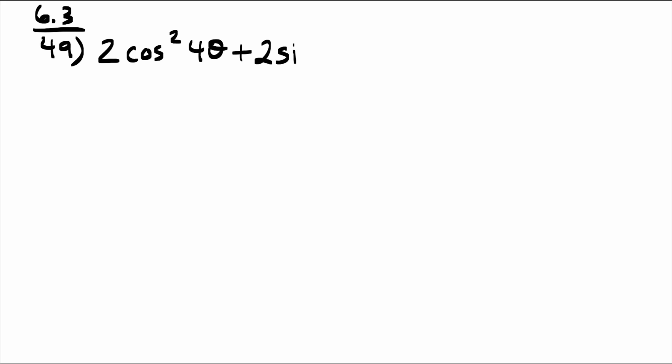Okay, 6.3, number 49. Let's see what we have here. I think this is probably the longest problem, maybe, of our homework set. Alright, we have 4 theta on our hands now. Whew, okay. 4 theta is it.